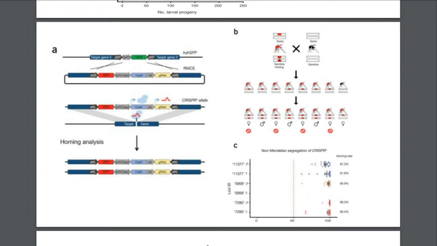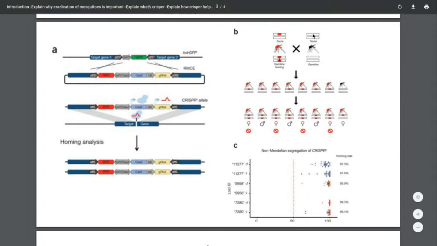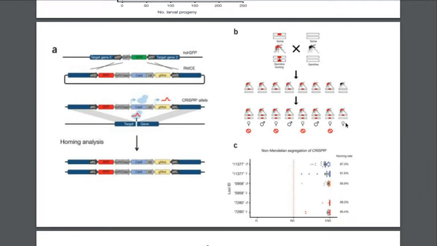And the wild type mosquitoes, it was able to pretty much overpopulate that gene arc.